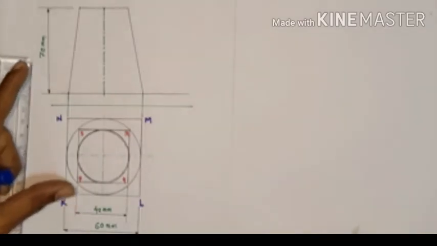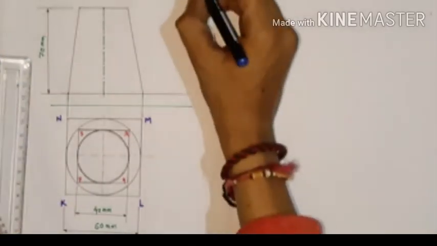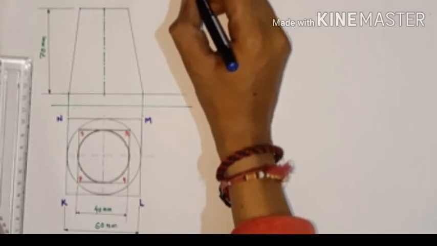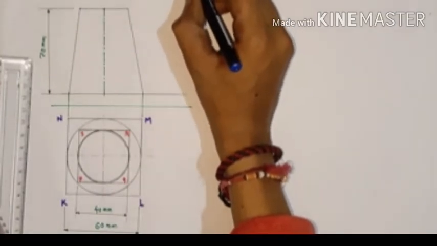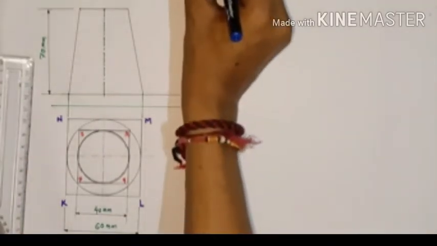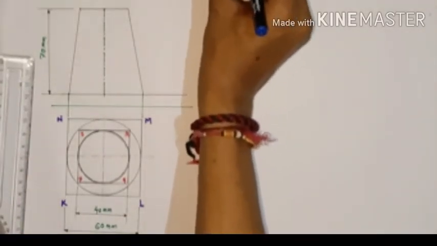I already discussed the section of cone when I solved problems of solids, so you can take advantage of that video. I provided a link in the description. So here we start making the isometric projection.